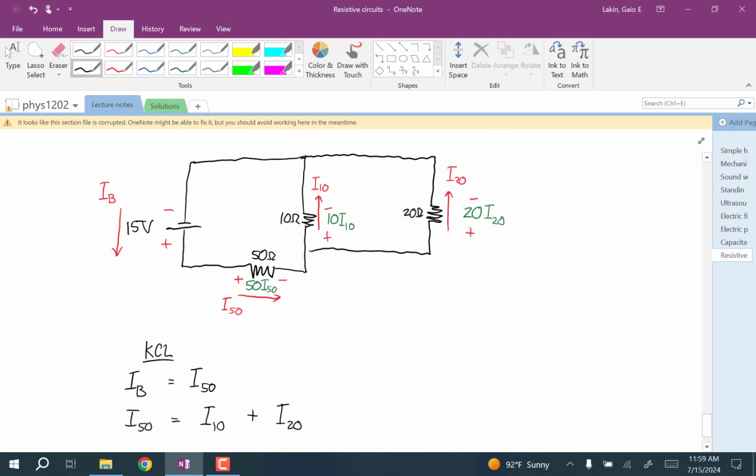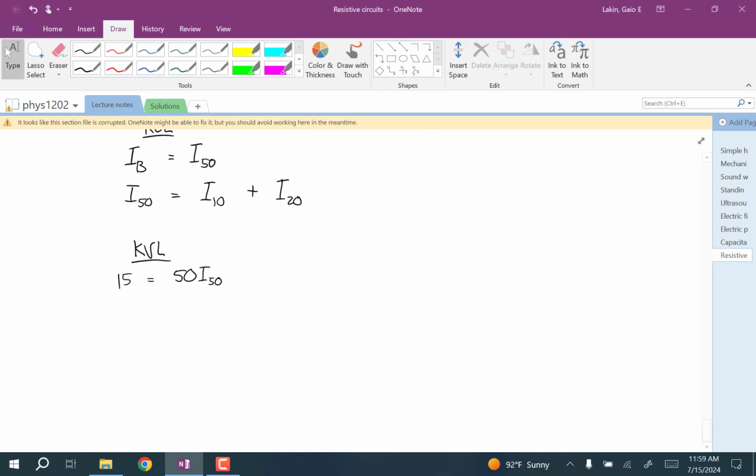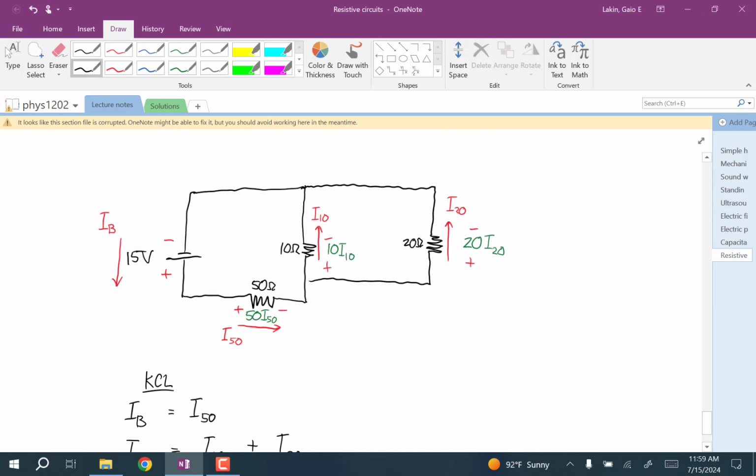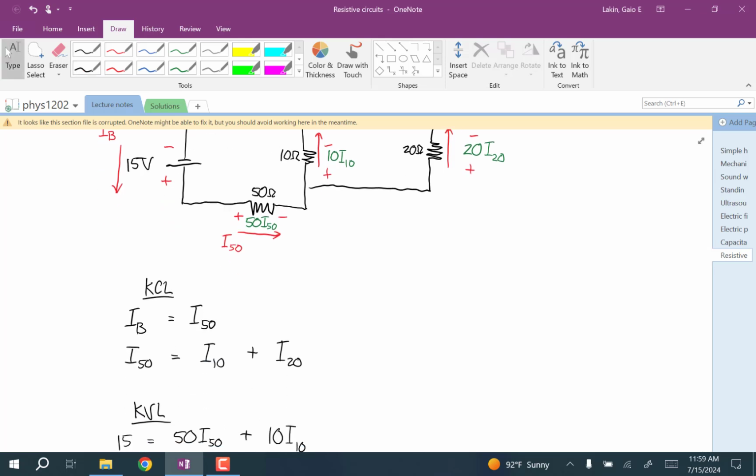A voltage drop of 10 I10. And then if we keep following that loop, we get back to the starting point. So that's one of them.